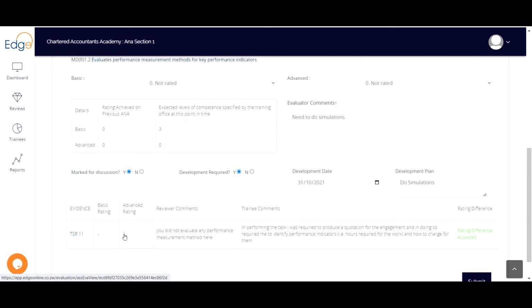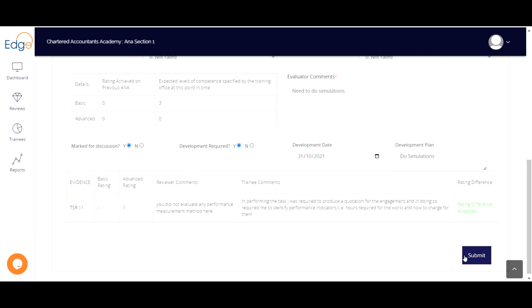Then you can judge, as an independent party, on the trainee's evidence and the reviewer's comments, whether this evidence which was submitted by the trainee and the rating they gave themselves relates to what they did. Right, and then this can help you also to come up with the final rating. But in this case, the evaluator chose to rate this trainee for both basic and advanced, and then click on submit.